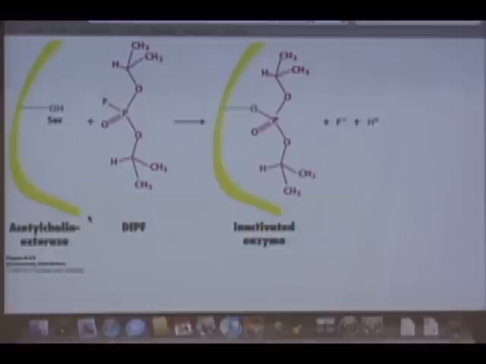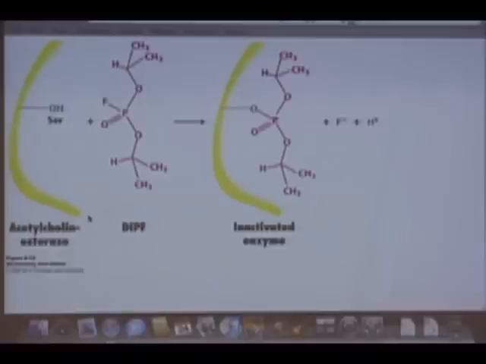DIPF makes that covalent bond, and if serine is in the active site of an enzyme, you've just killed this enzyme. If it's not in the active site of the enzyme, you may or may not kill the enzyme. It depends on the effects that it has on the structure of the protein. But if it's in the active site of the enzyme, that enzyme is dead.